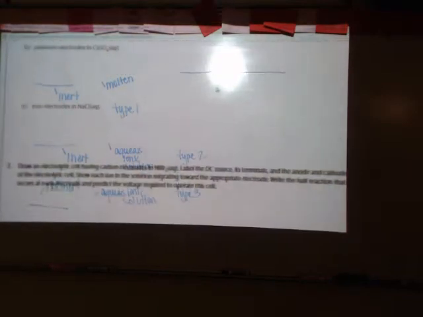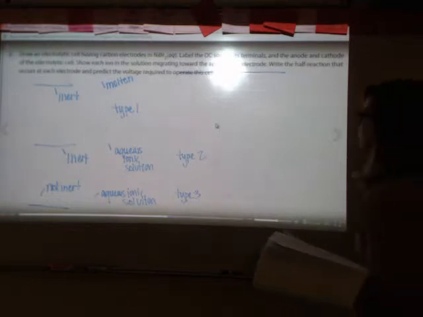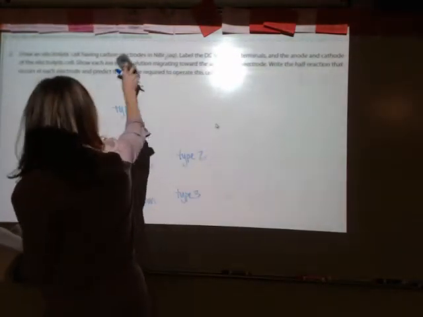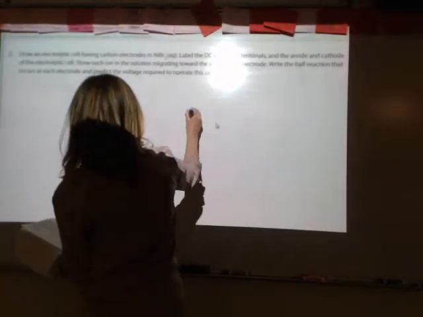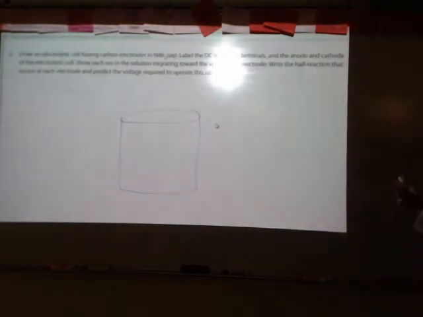Okay. Let's go to number 2. Let's draw an electrolytic cell that has carbon electrodes in a nickel 2 bromide solution, and then we'll label the parts. So for this one, you're going to have just one compartment. And within it, you've got 2 carbon electrodes.